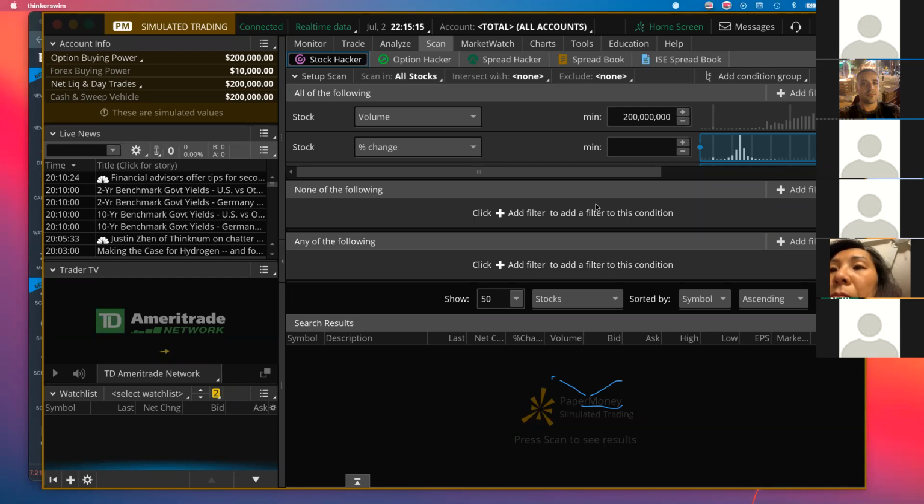And then you also could scan for relative volume, and relative volume is the increase in volume from normal to today. So if the regular volume is say 100 million, and today you have 200 million, that's when you see the volume alerts, and that's what we're trying to tell you about.